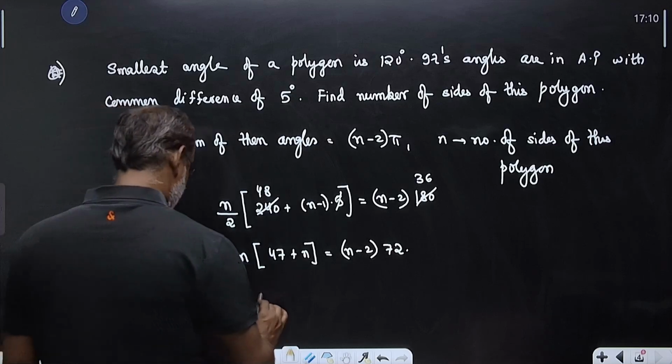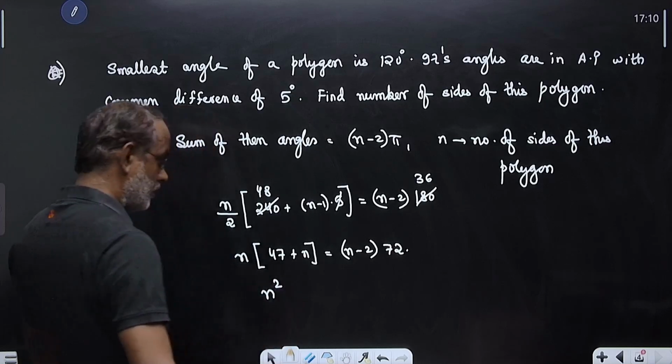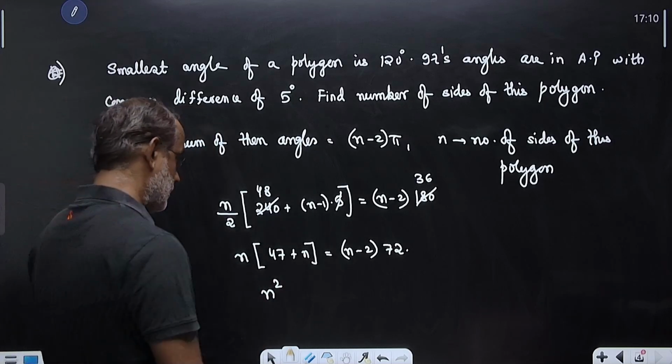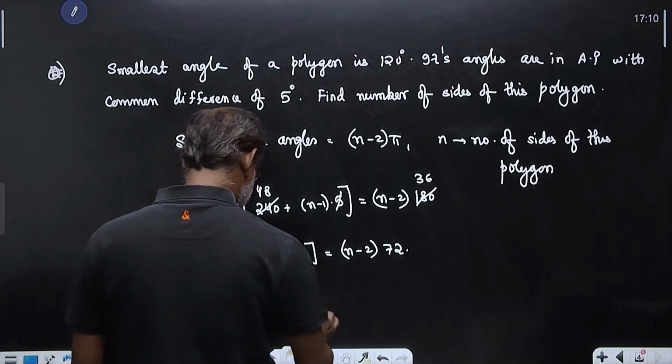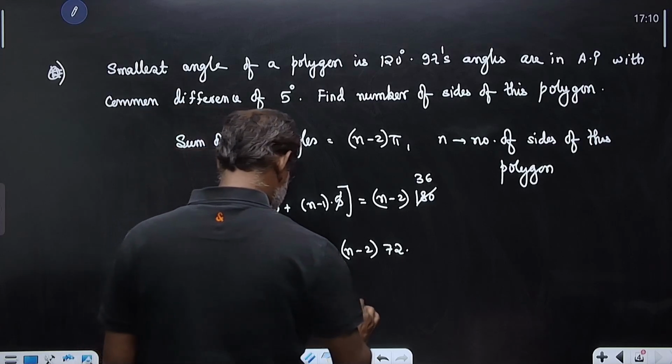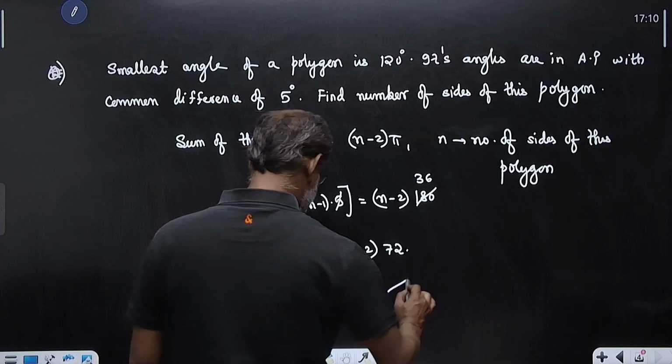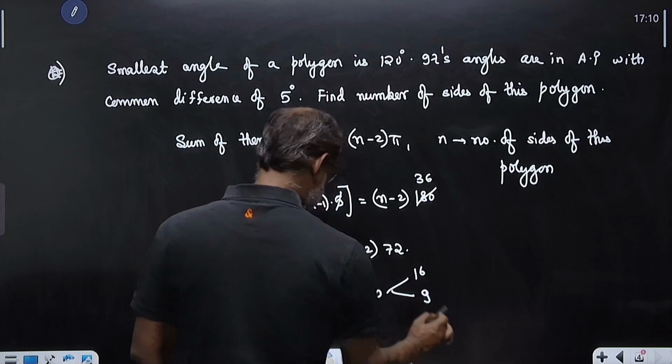So what is the quadratic that you get? n squared, minus 25n, plus 144 equals 0, so you get 16 and 9.